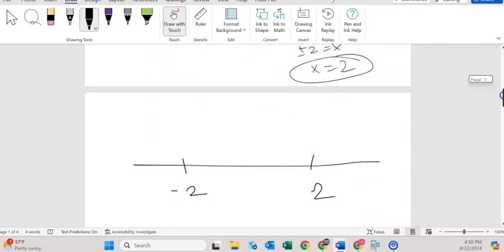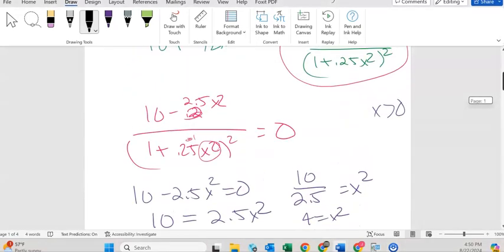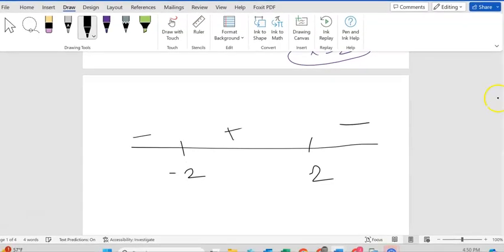I would get positive. If I put in a negative, say 5, I'm going to get 25. That number is going to be bigger, so this is going to be negative. And then out here, this would also be negative. So then you can see here, down to up, that is a minimum, where this from up to down is a maximum. Okay.